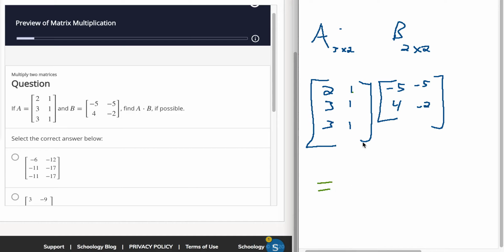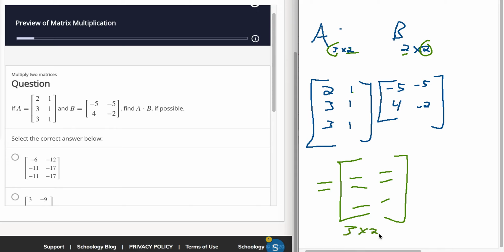The final matrix is going to have dimensions 3 rows and 2 columns, because once you've determined that the inner dimensions match, then the outer dimensions determine the final dimensions of your answer matrix. This is a 3 by 2 here.